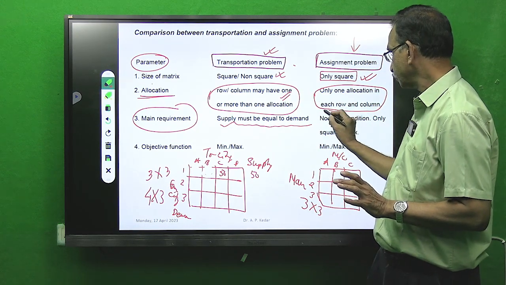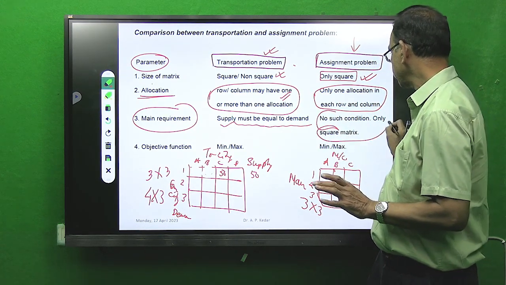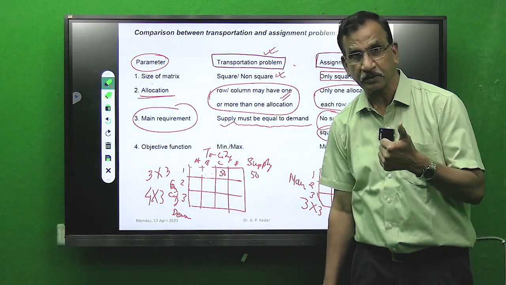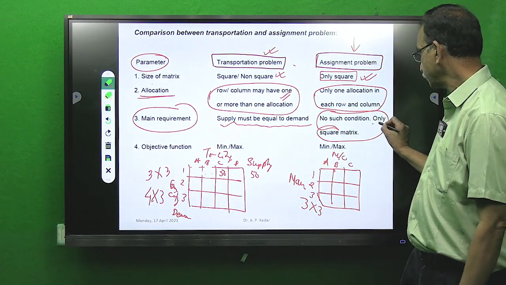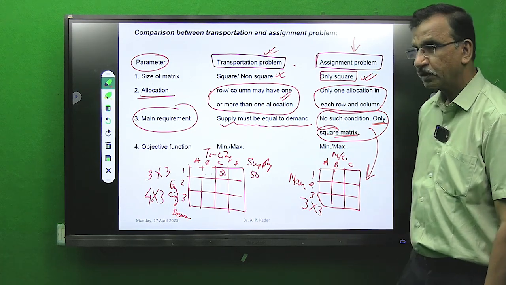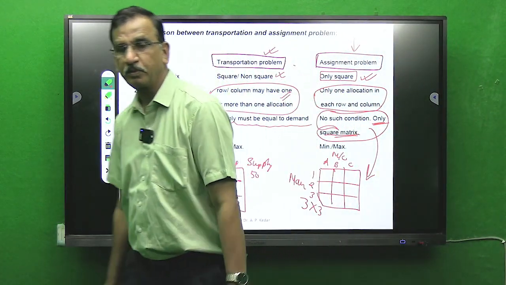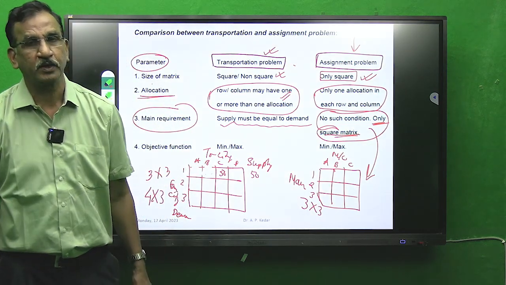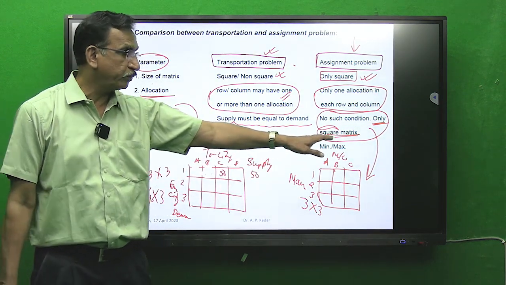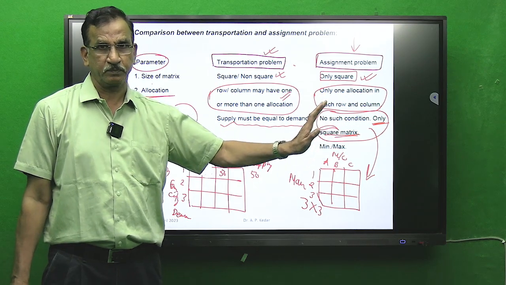Here, no such condition. There is no question of supply and demand, but only a square matrix. In the assignment problem, you cannot proceed for finding a solution unless and until you make the matrix a square one.